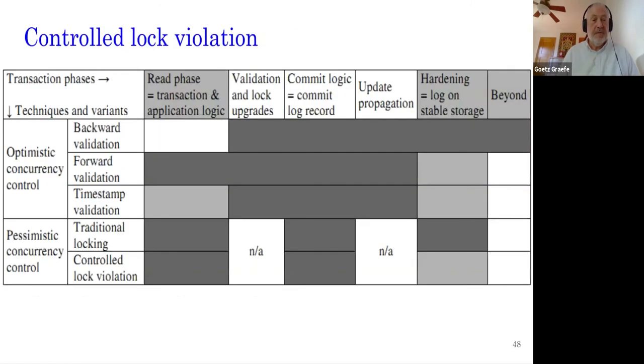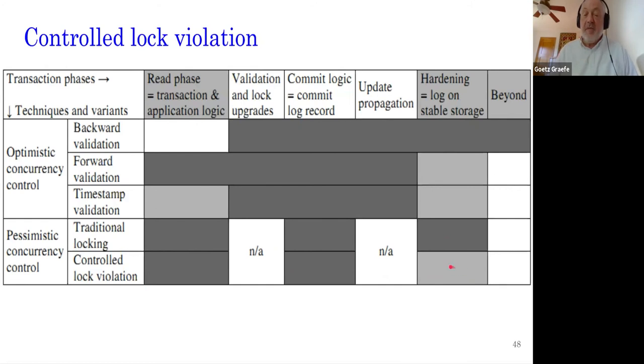So what does controlled lock violation give us? Forget the optimistic concurrency control stuff. Let's focus on traditional locking, where we acquire the locks during the read phase and hold the locks throughout the hardening phase. Now with controlled lock violation, we basically do not have these. In effect, we actually still have the locks, but in terms of exclusion, these locks don't do any damage anymore.